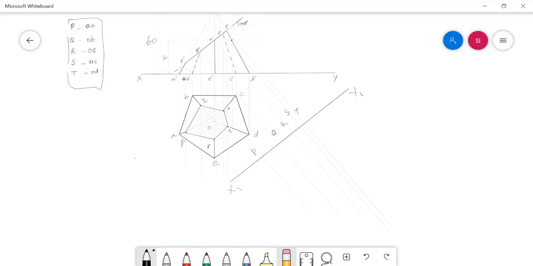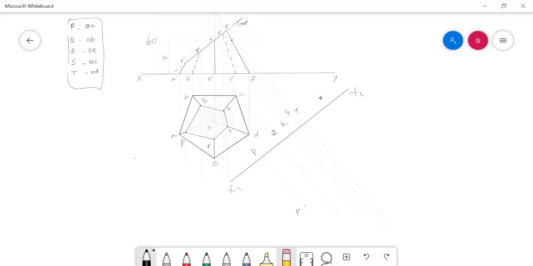See this distance from xy, the distance of the cut point P. Measure it and mark the same with respect to x1 y1. For example, approximately here the point P. Measure the distance between the cut point Q and xy and mark the point Q in the projector of Q at the same distance from x1 y1.